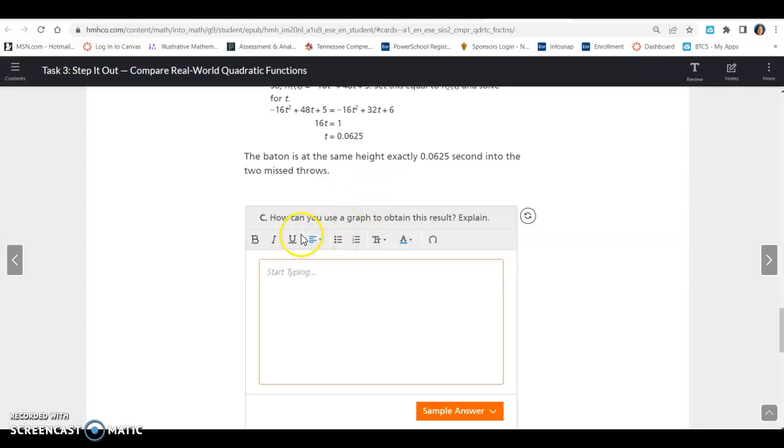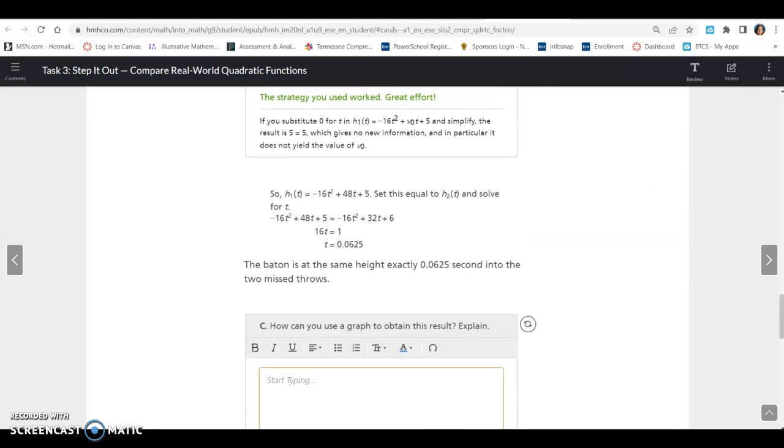All right, so how can you use a graph to obtain this result? We could graph these two functions, h1 and h2, and find the intersection point, and the intersection point is also going to be at this same time. Here we did it algebraically, setting the two equations equal. You can see that the t squareds cancel.